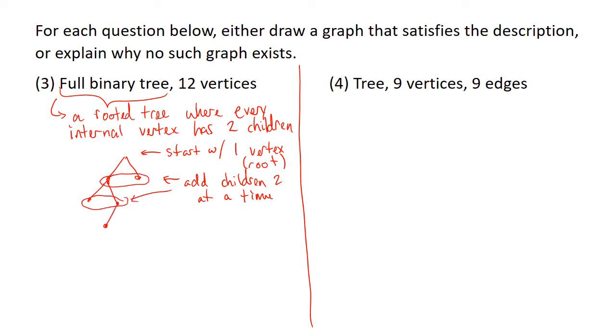But think about what you're doing. You start with 1 and you add pairs, so you must end up with an odd number of vertices. So this is actually not going to be possible because 12 is not odd.